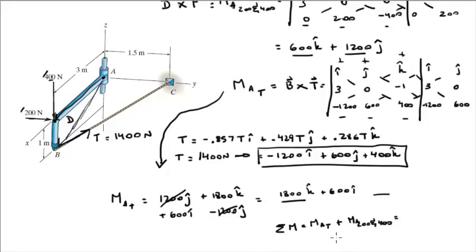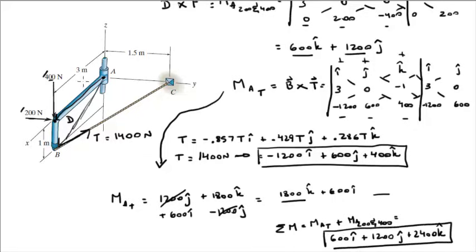So the moment comes out to be 600 in the i plus 1200 in the j plus 2400 in the k. And those are the moments about A that these forces create.